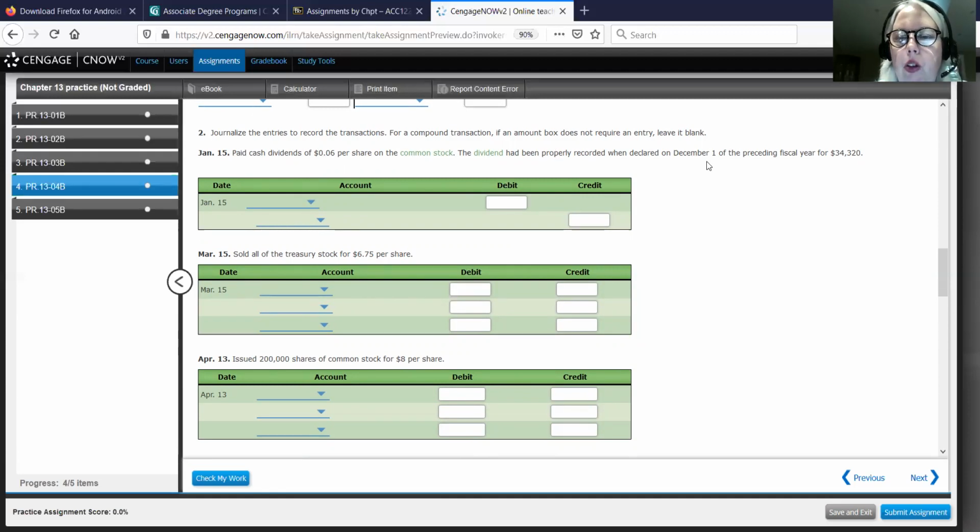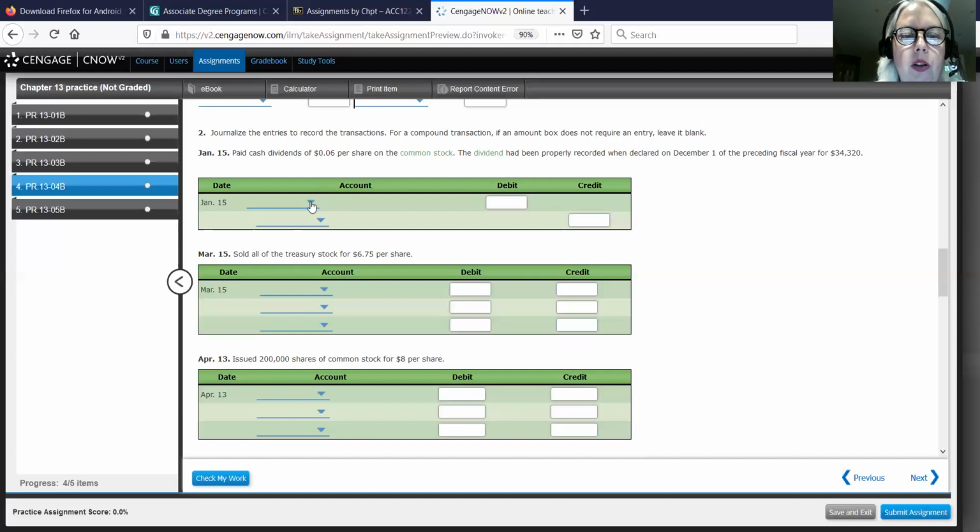So there really should be two journal entries here, one on December the 1st and one on January the 15th. The entry on December the 1st would have been a debit to cash dividends and a credit to cash dividends payable for $34,320. This entry on January the 15th is a follow-up entry to the one that would have been recorded on December the 1st, which they did not ask you to do.